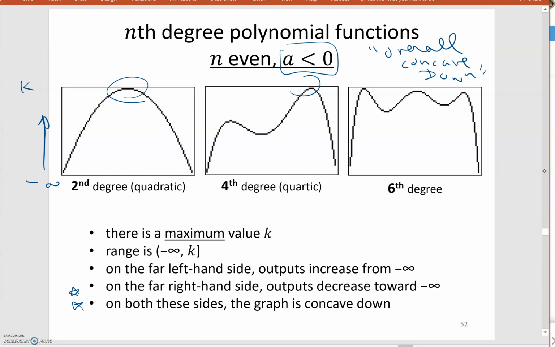Again, that doesn't mean that there aren't portions where it's concave up. That's concave up, that's concave up there and there. But overall, the thing bends downwards. And that's for even degree with negative leading coefficient.